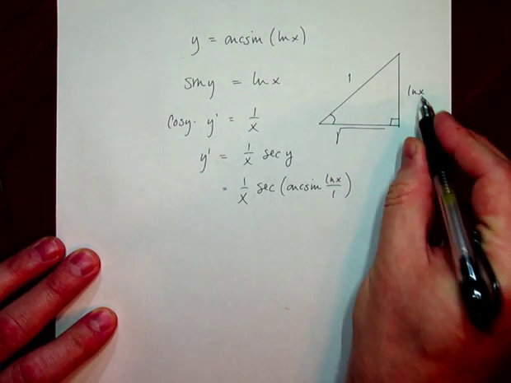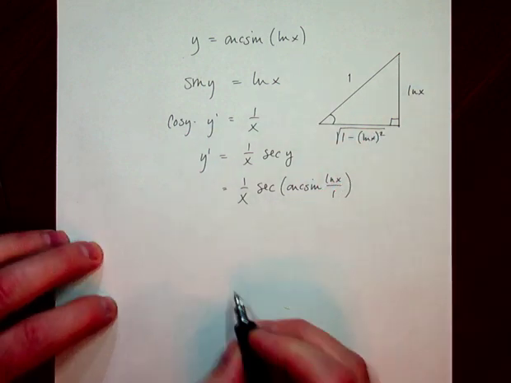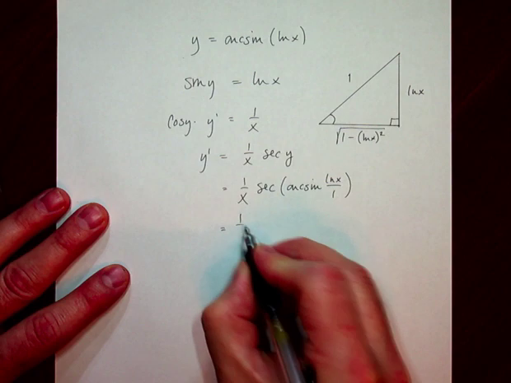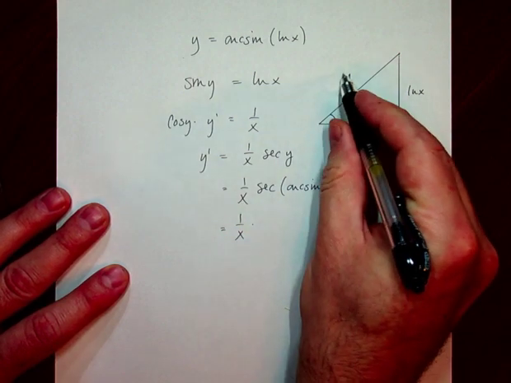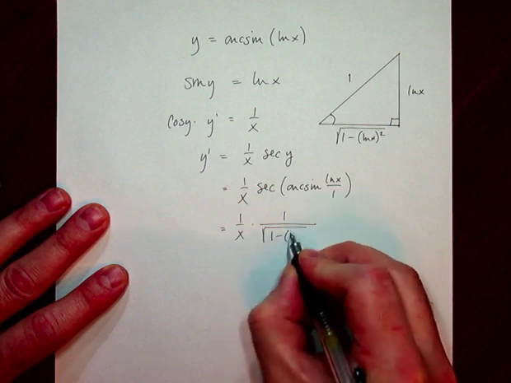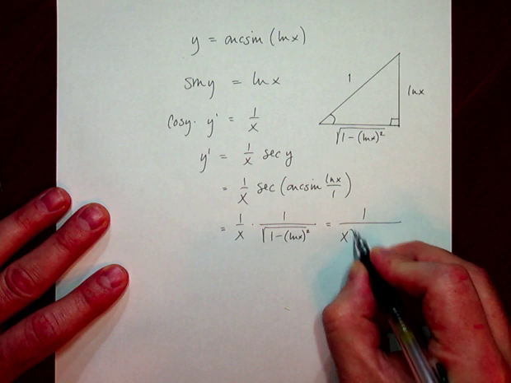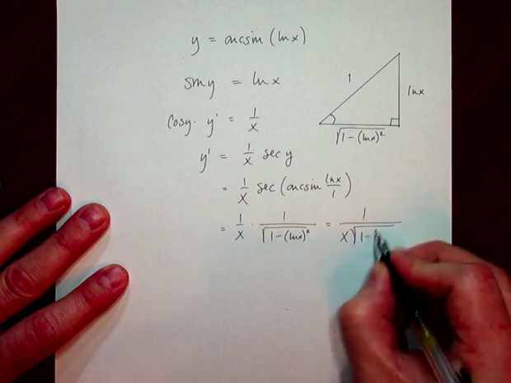So just as if that were x, this becomes the square root of 1 minus natural log x squared. And if I'm looking for the secant of that, the secant is hypotenuse over adjacent. And of course, that winds up being exactly what I got when I did it by formula.